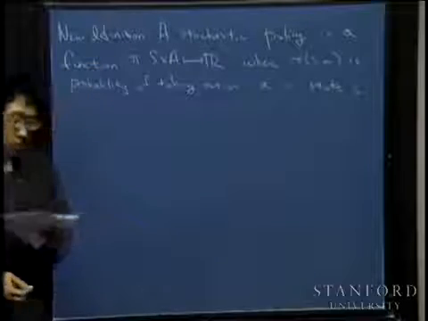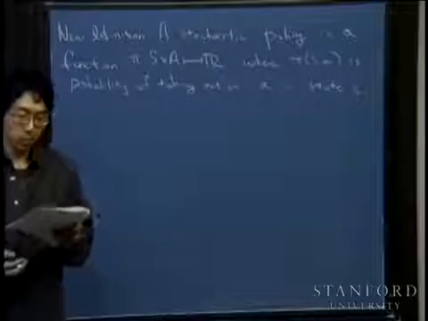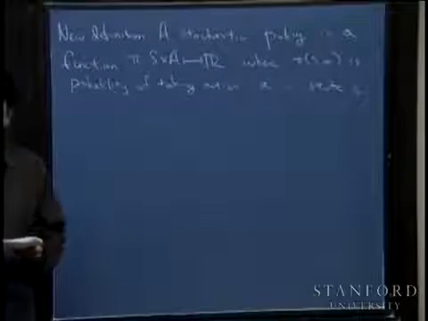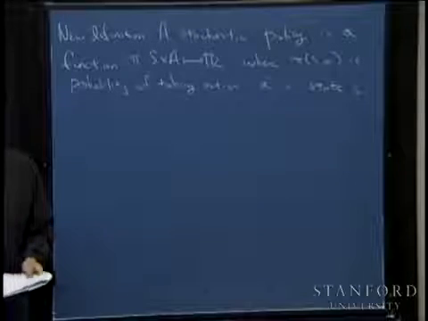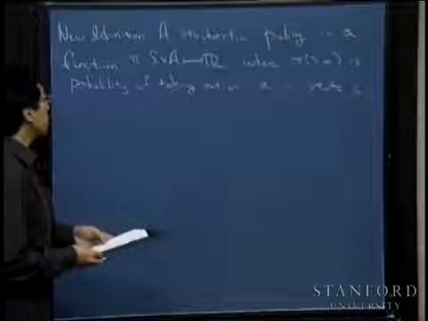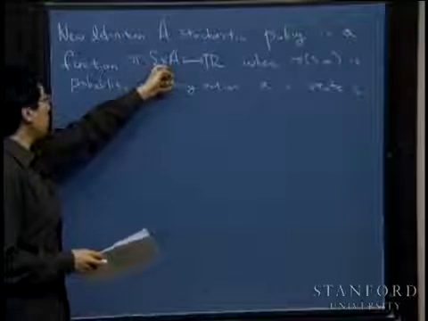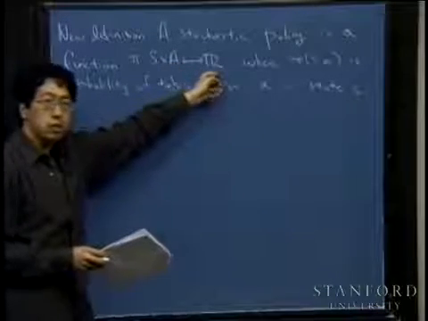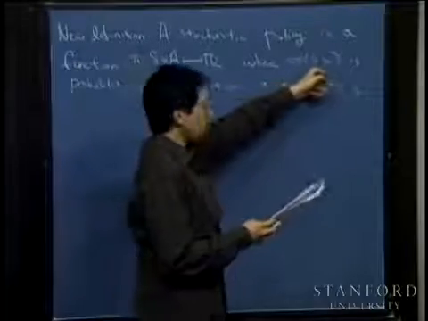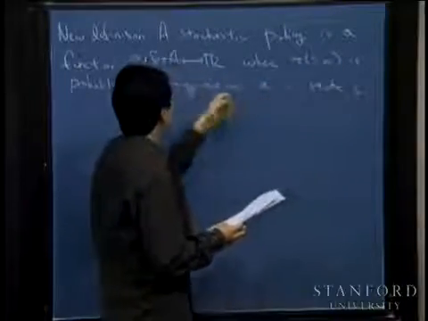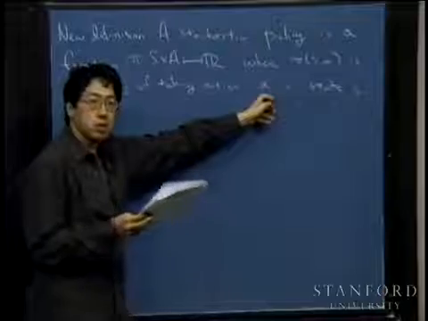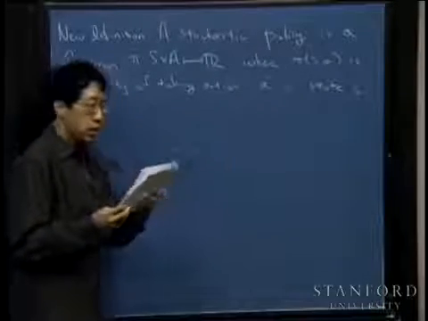Our first policy search algorithm will need to work with stochastic policies. And what I mean by a stochastic policy is a function that maps from the space of states cross actions to real numbers, where pi of s comma a will be interpreted as the probability of taking action a in some state s.